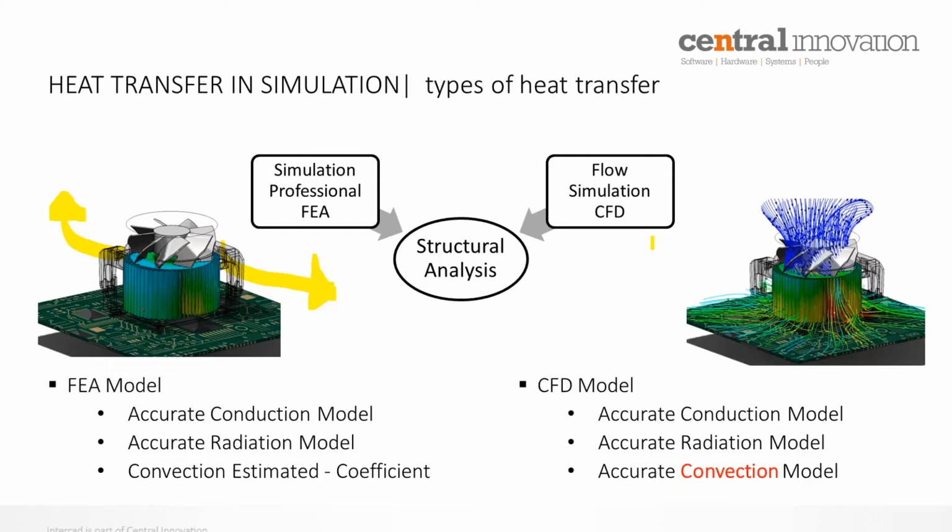However, what it can also do is model the actual airflow and provide those coefficients of convection as an output. Not that we need them, but they could be used later if we chose to. So we don't need to understand the convection model, we just understand the material and the gases, and we get a more accurate convection model.